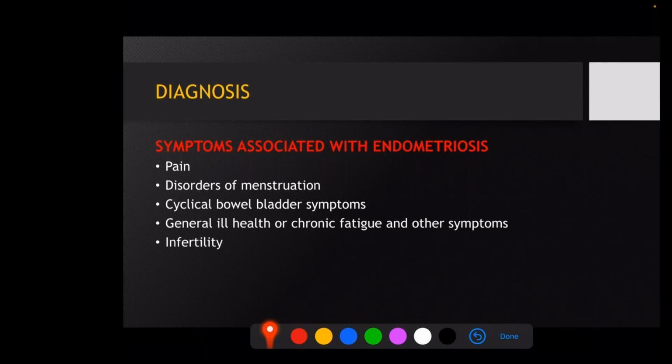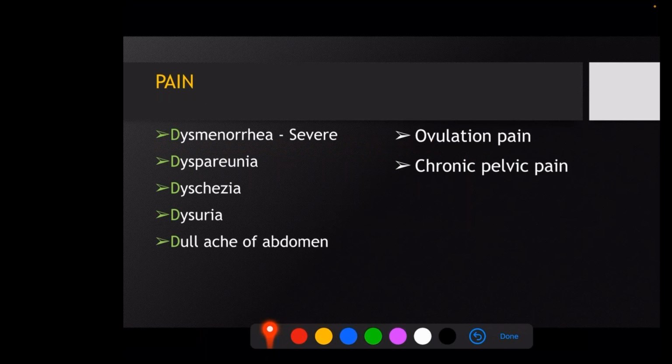Then what are the symptoms associated with endometriosis? Pain. There are different kinds of pains that I can explain one by one. Then disorders of menstruation, cyclical bowel and bladder symptoms, then general ill health or chronic fatigue and other symptoms, and finally infertility. Pain first.